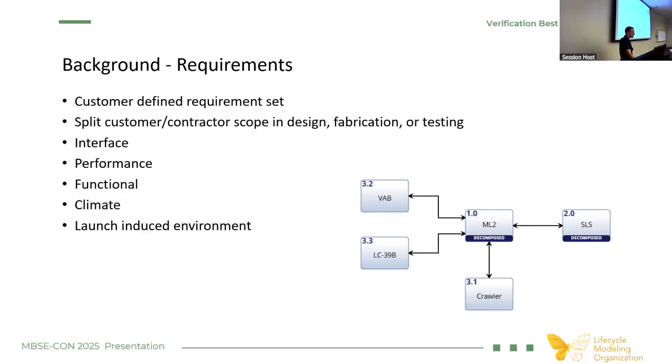Could be hurricanes, could even be sea turtles, which also have requirements for that, surprisingly enough. I'd say the one that drives most of the decisions is going to be your launch-induced environments. So you have a rocket that's generating upwards of millions of pounds of thrust, and it's creating a lot of wear and tear on the structure itself.